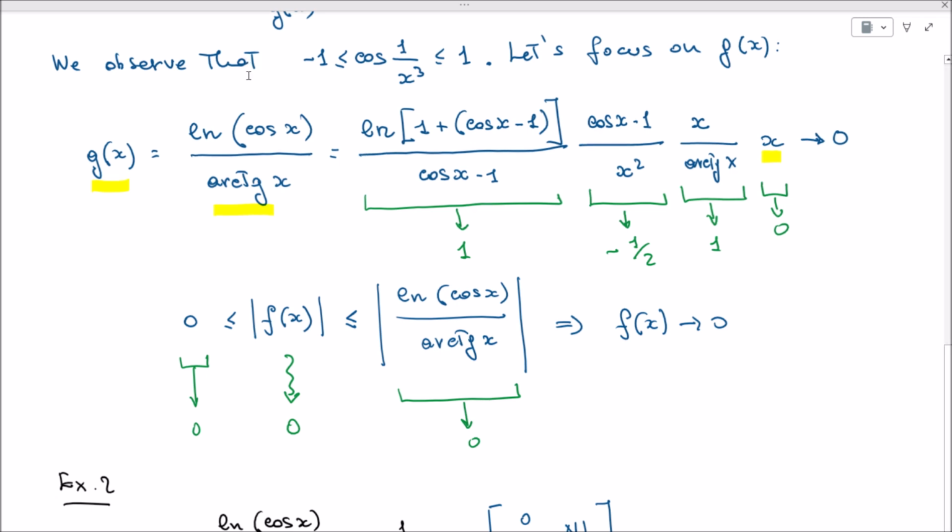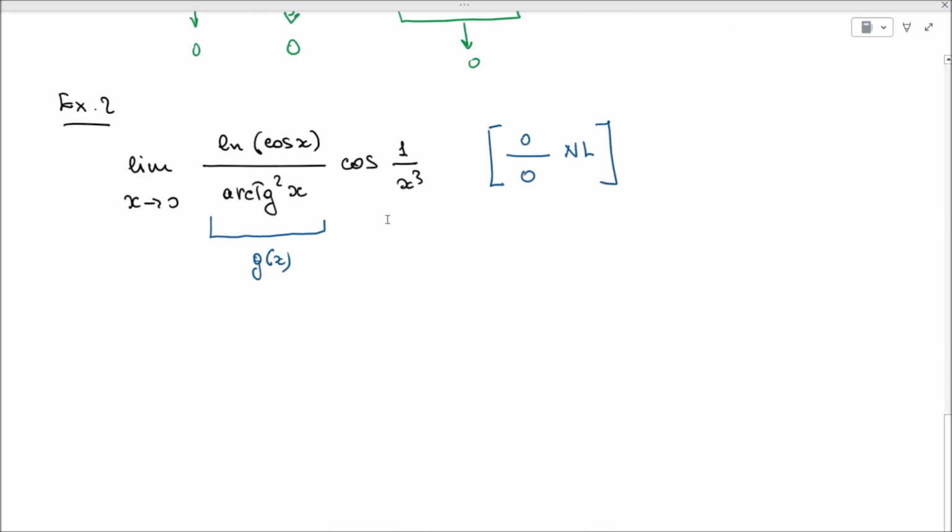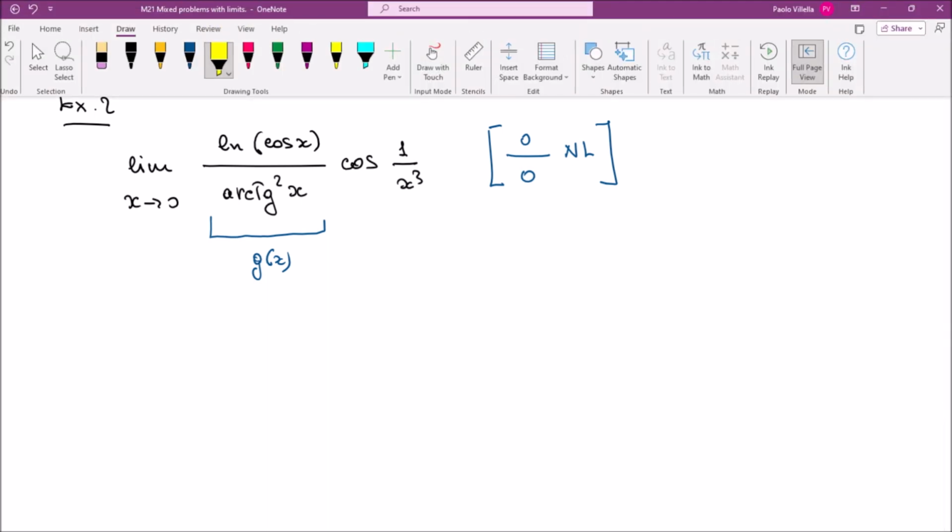So if we do this, let's repeat the process for g of x.